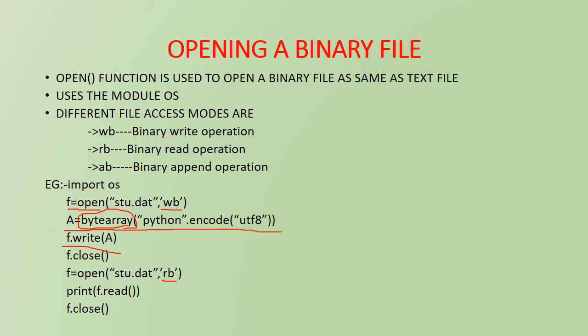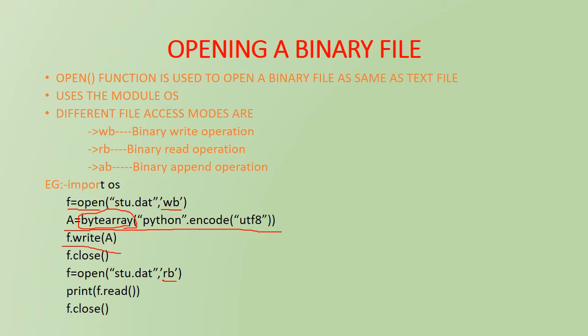We just want to read it from the binary file, because the binary file contains the byte data or binary data. So we just read it by using the f.read function. And now we are closing it using f.close.